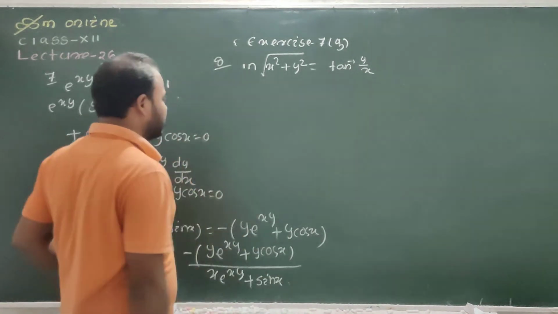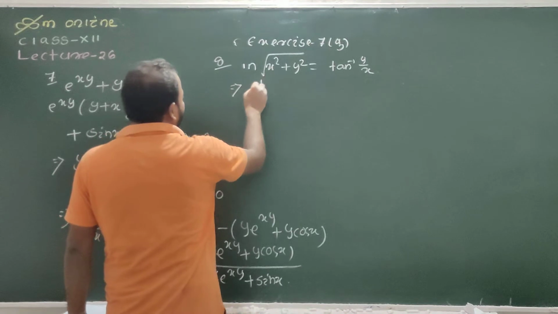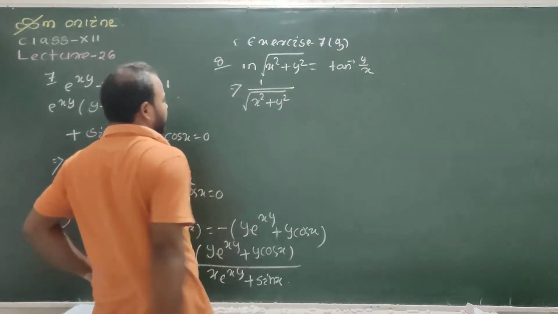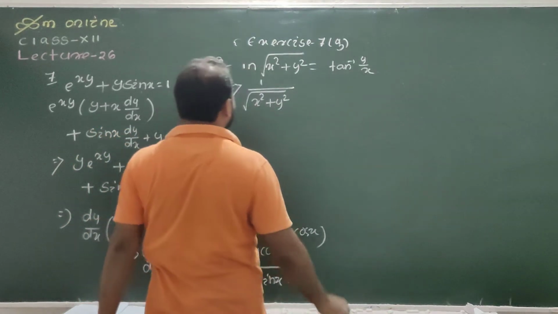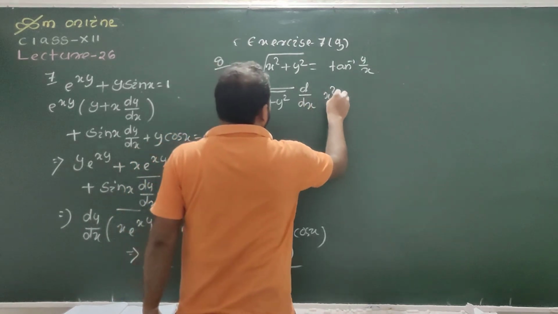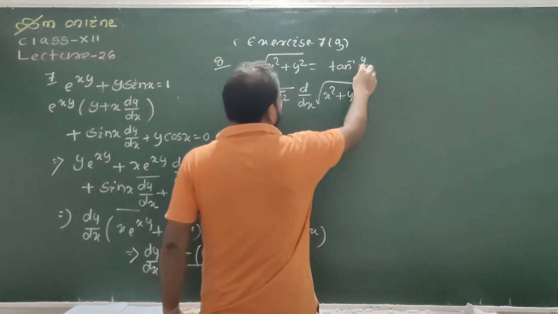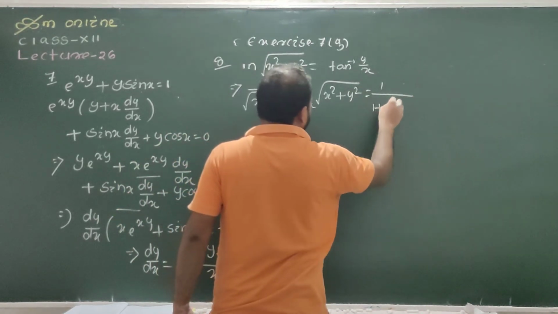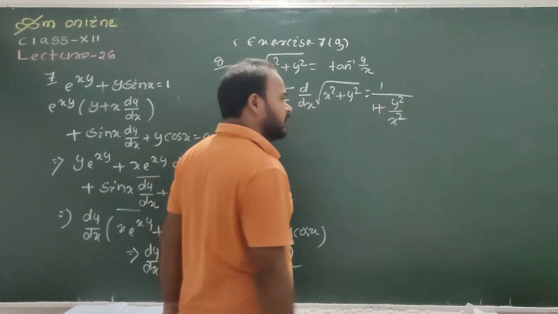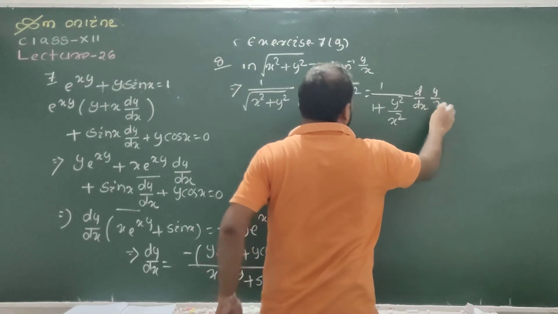First differentiating both sides with respect to x, we get 1 by the square root of x square plus y square, and the derivative of the square root of x square plus y square, equal to tan inverse: 1 by 1 plus y square by x square, into the derivative of y by x.